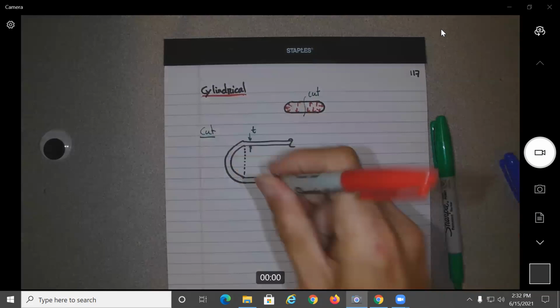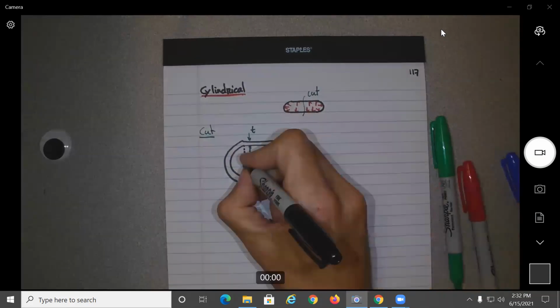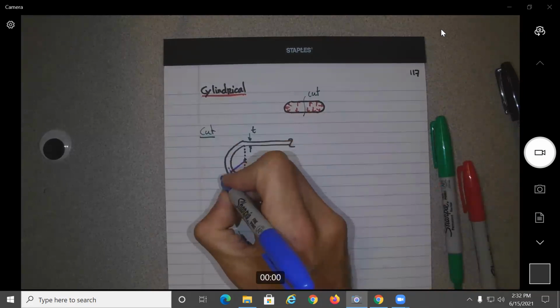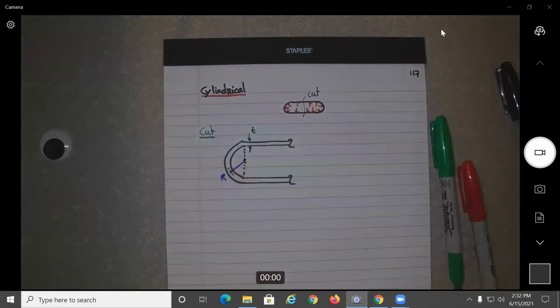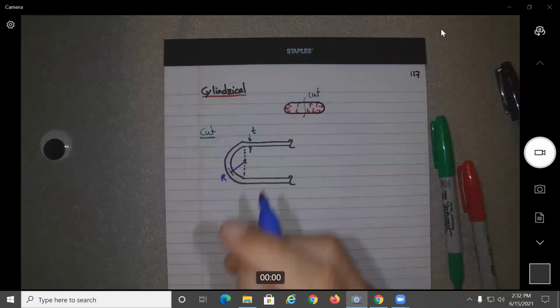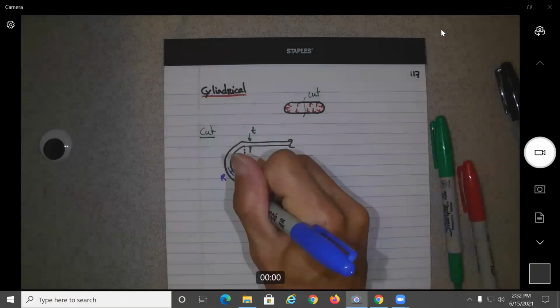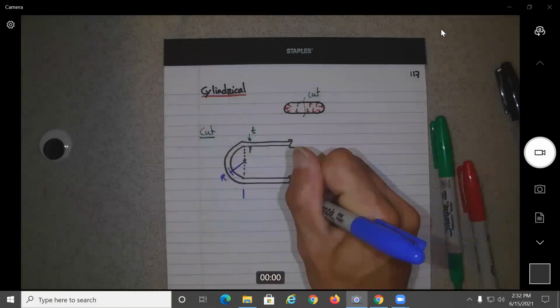Here, we're going to assume this is R for thin structure. This length over here would be B.